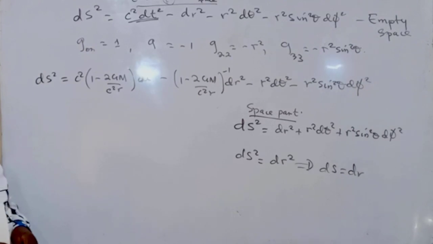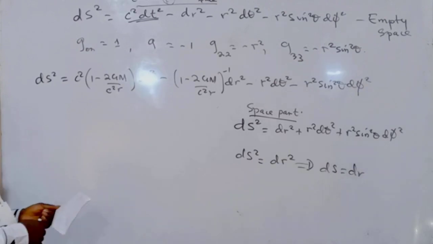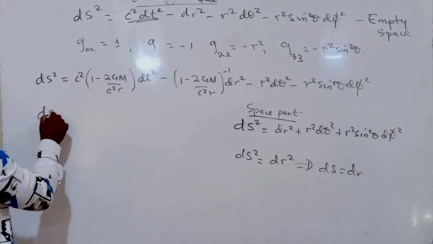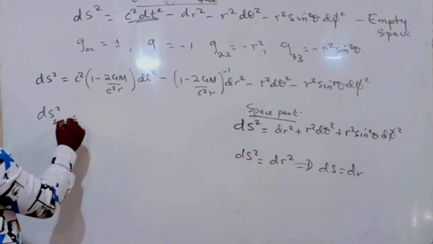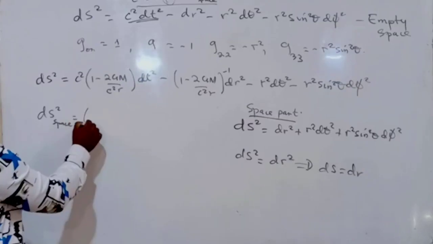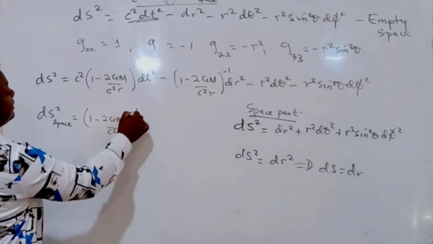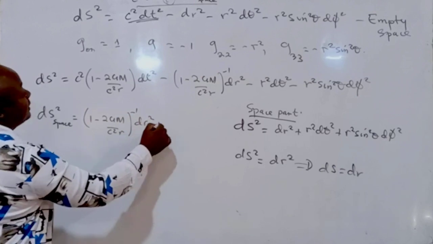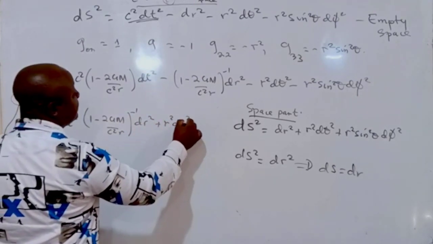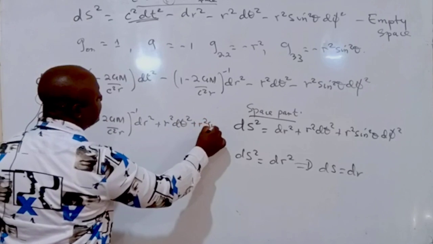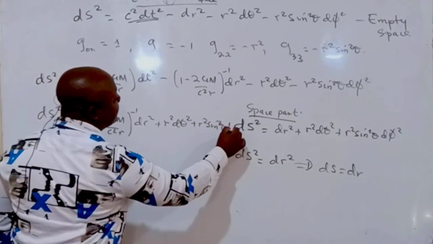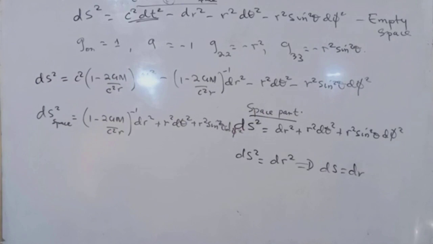So again, we'll isolate the space part. It will be just 1 minus 2GM over c squared r, dr squared plus r squared d theta squared plus r squared sine squared theta d phi squared.